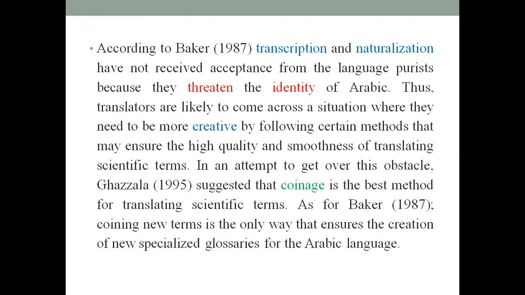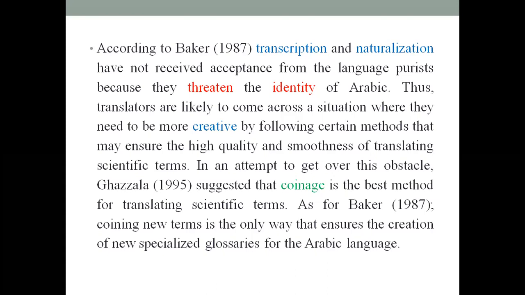Actually, with time passing, with the extensive use of borrowing and Arabization, we will feel that our speech is a mixture of Arabic vocabularies and vocabularies from other languages.